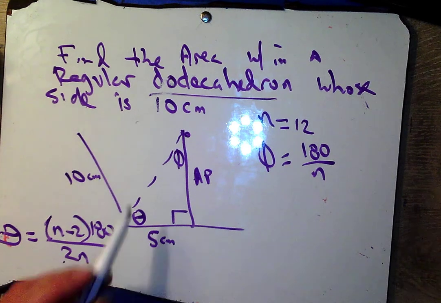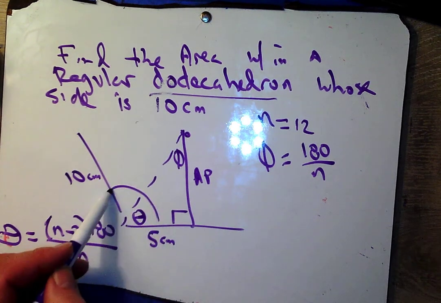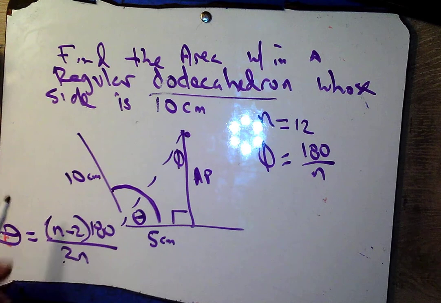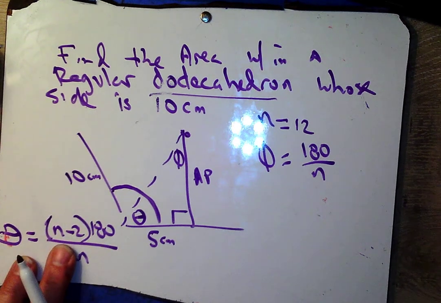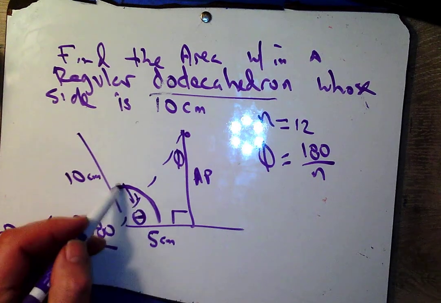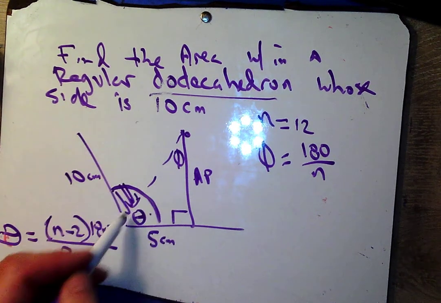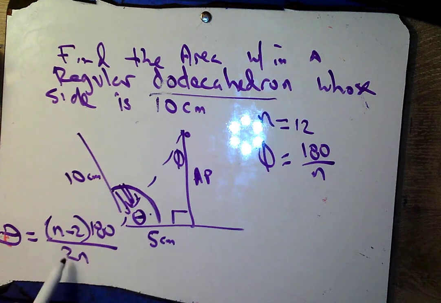Why over 2n and not just n? Well, this is really what I'm finding with this formula, but I don't want that whole angle. These pieces are congruent. I've been cutting them in half with this, so I'm going to cut that amount in half. Okay, and what do we get for a dodecagon?